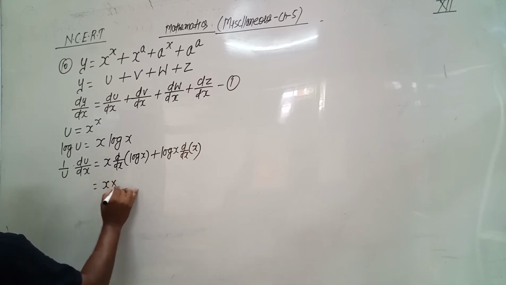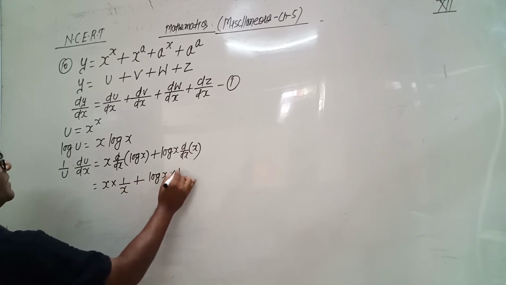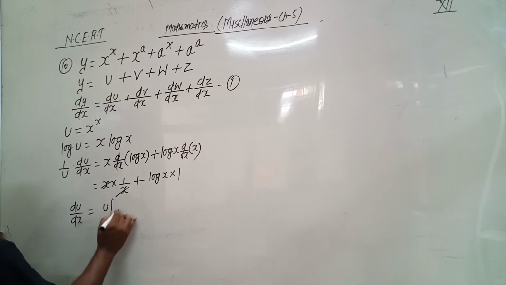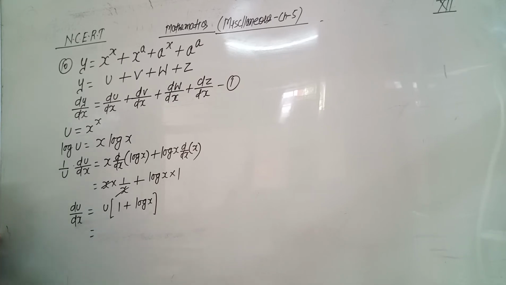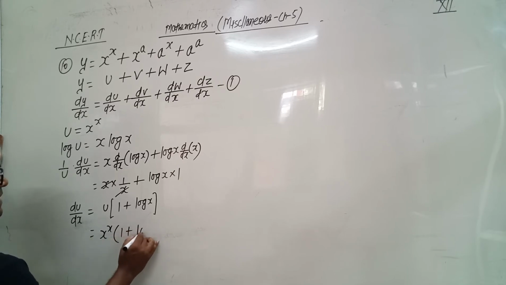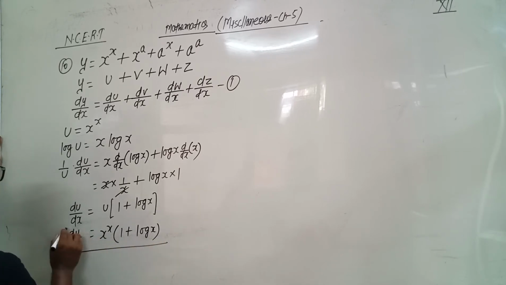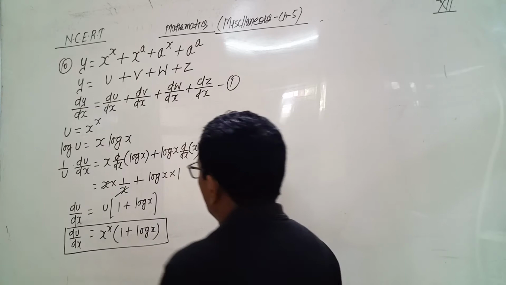So we get x into differentiation of log x, 1 by x, plus log x as it is, differentiation of x is 1, and the value of du by dx becomes u into (1 plus log x). Then put the value of u. The value of u is x raised to the power x and (1 plus log x). This is the value of du by dx, which equals x raised to the power x (1 plus log x).